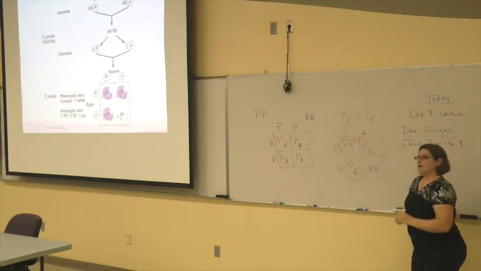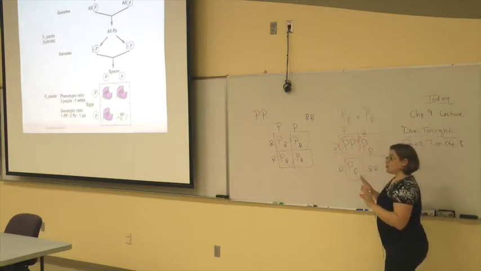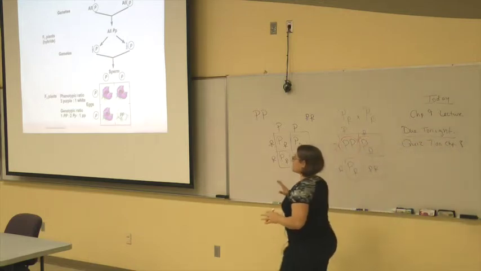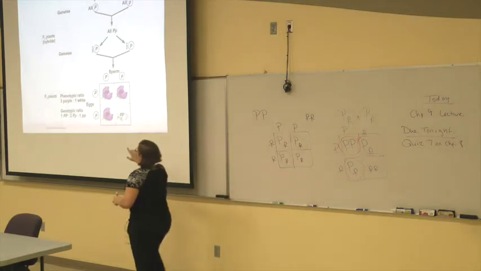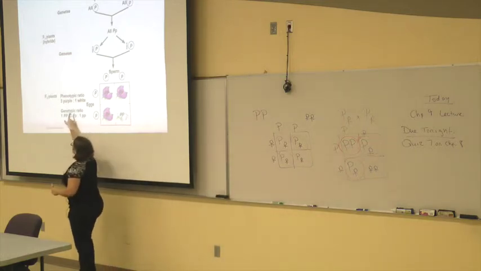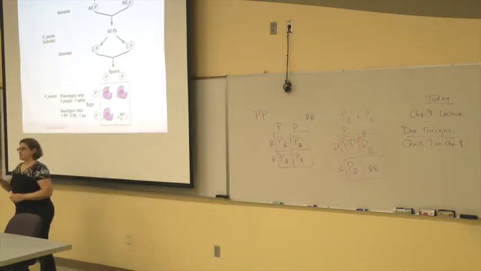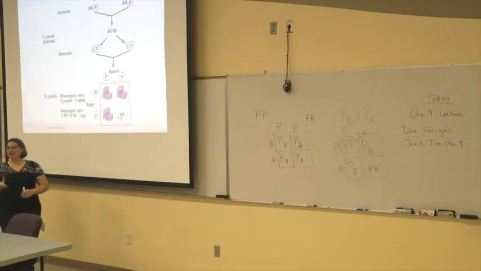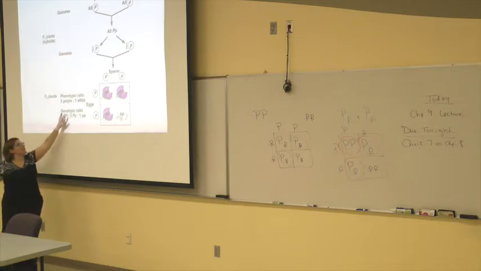Now, this is something that you should remember. Take a look at this. Whenever you have two parents who are both heterozygous for one trait, you will always get this outcome.